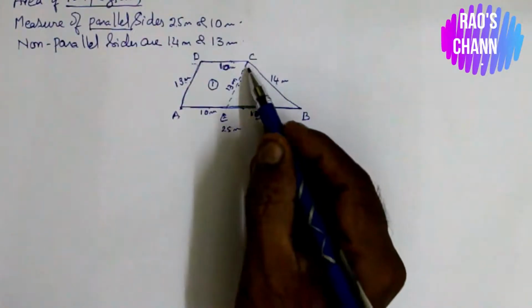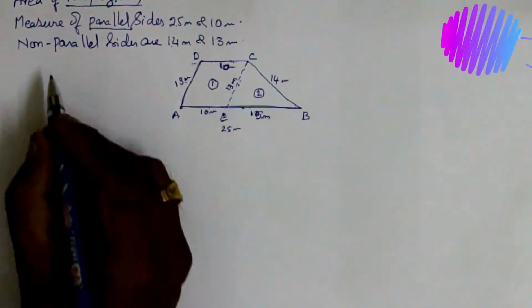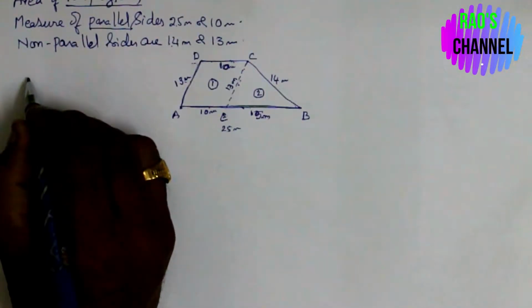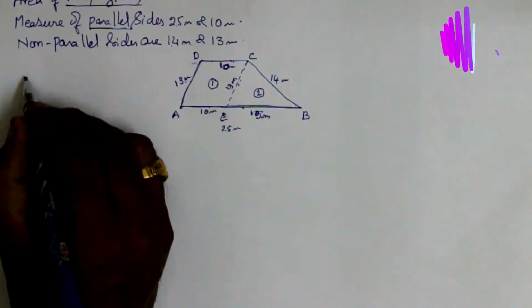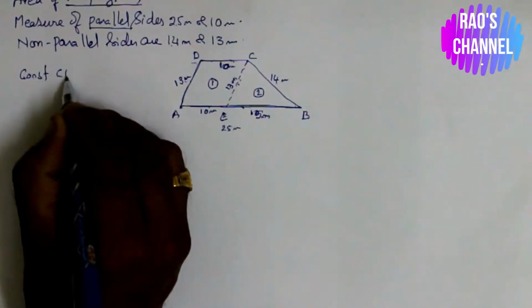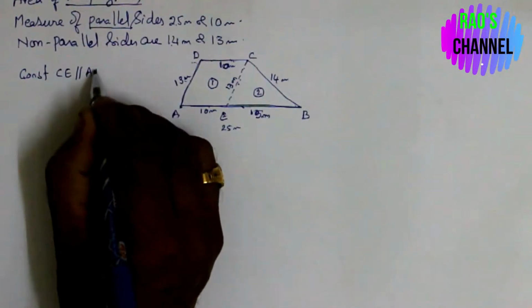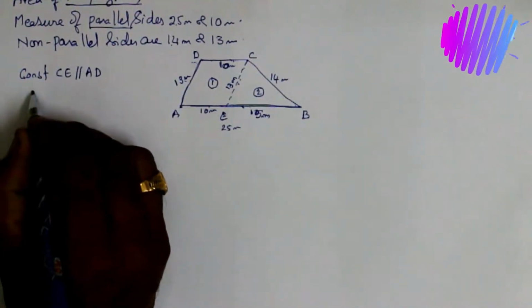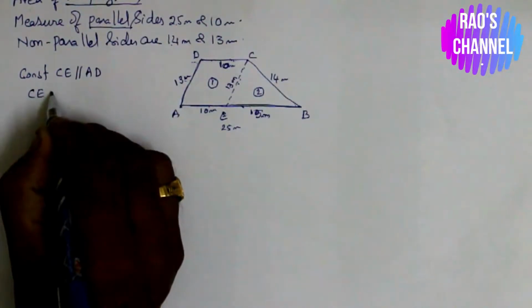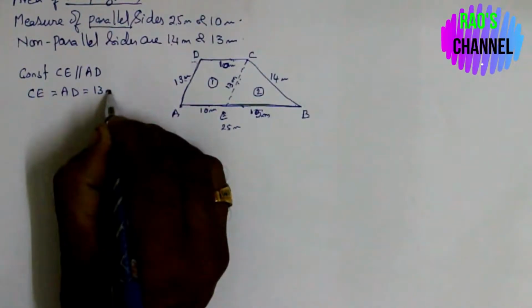By using Heron formula, we can find the area of the triangle first. Let me find this. So what is given here? The same. And what is constructed here? CE parallel to AD. So by doing so, we got CE measurement, which is equal to AD measurement, that is 13 meter.